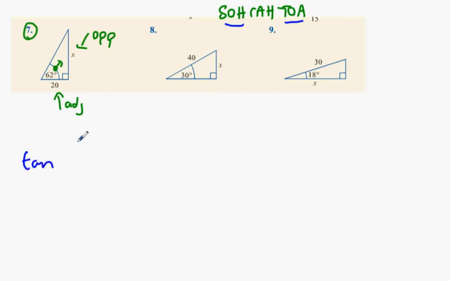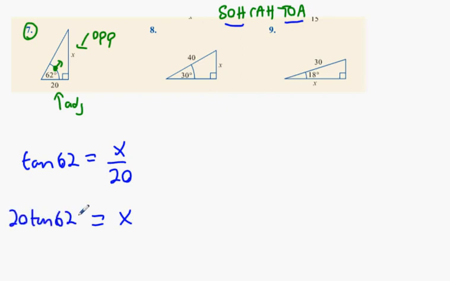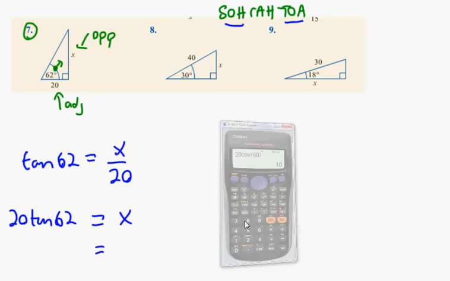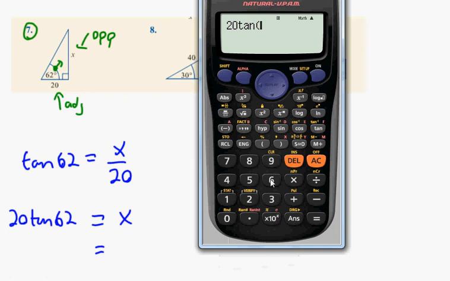Tan 62 equals x over 20. What happens to the 20? 20 tan 62. Remember 2 decimal places. 37.614. Does the 4 go down or up? Down. So 37.61.